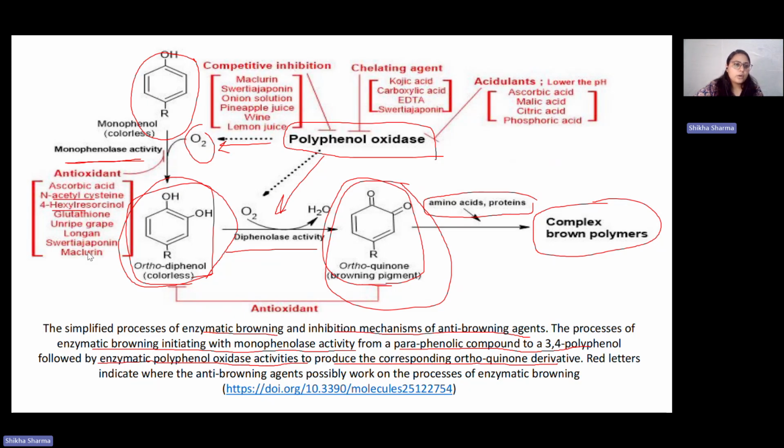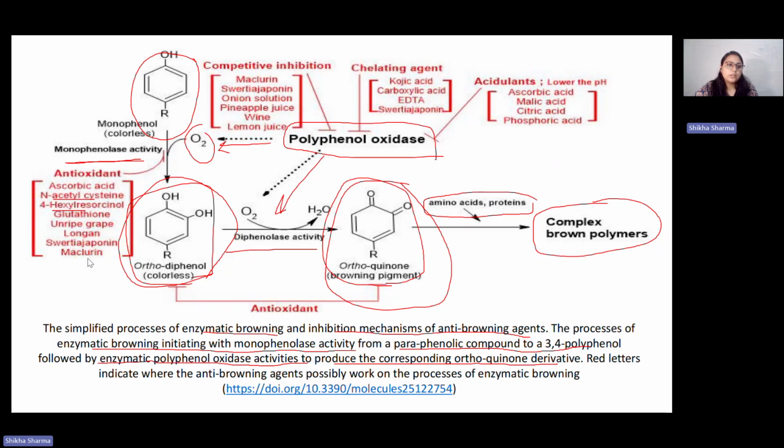These are compounds like those from unripe grapes, or antioxidant compounds from different fruits or vegetables.